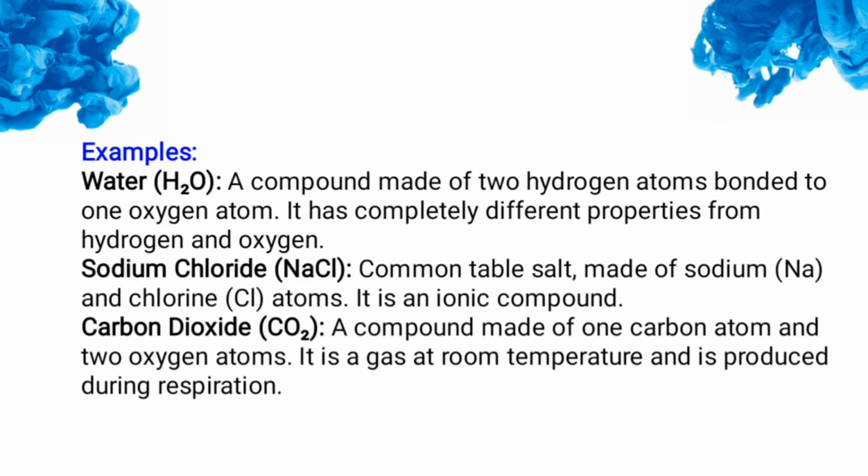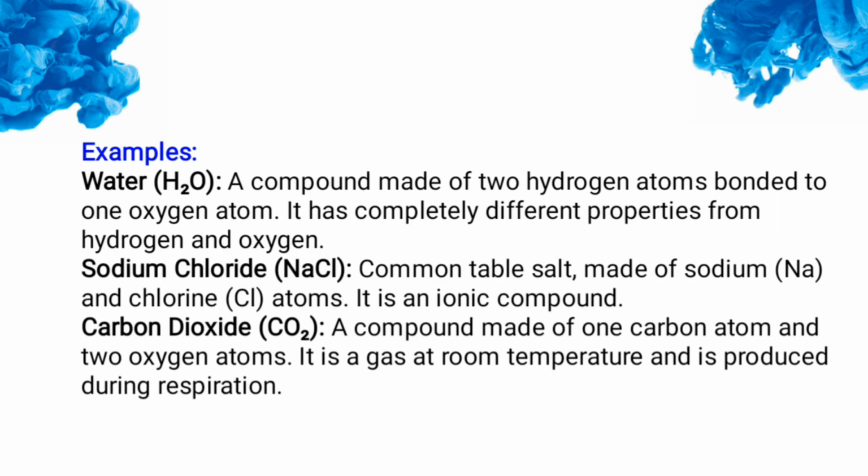Examples of compounds: water. A compound made of two hydrogen atoms bonded to one oxygen atom. It has completely different properties from hydrogen and oxygen. Sodium chloride, common table salt, made of sodium and chlorine atoms. It is an ionic compound. Carbon dioxide, a compound made up of one carbon atom and two oxygen atoms.